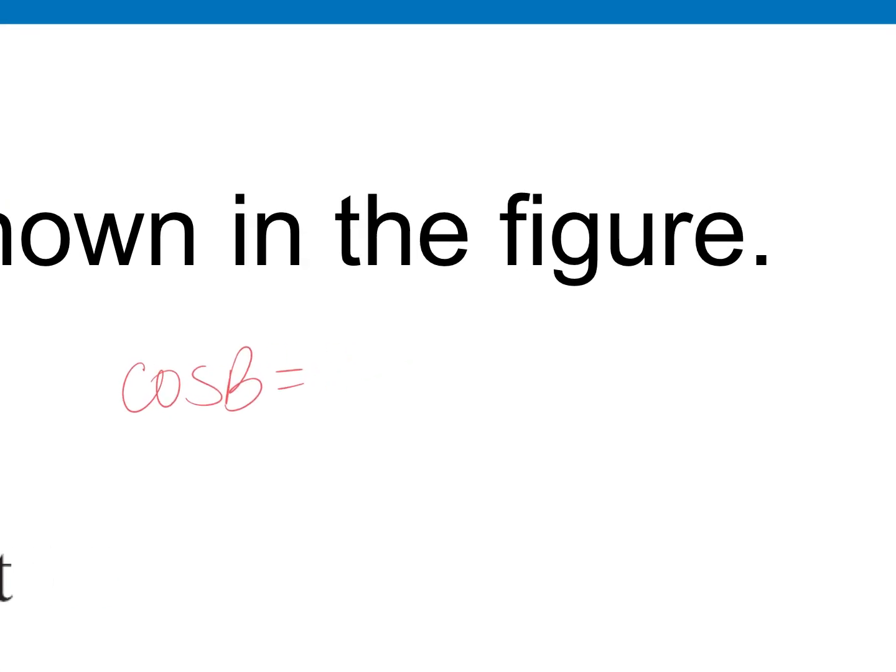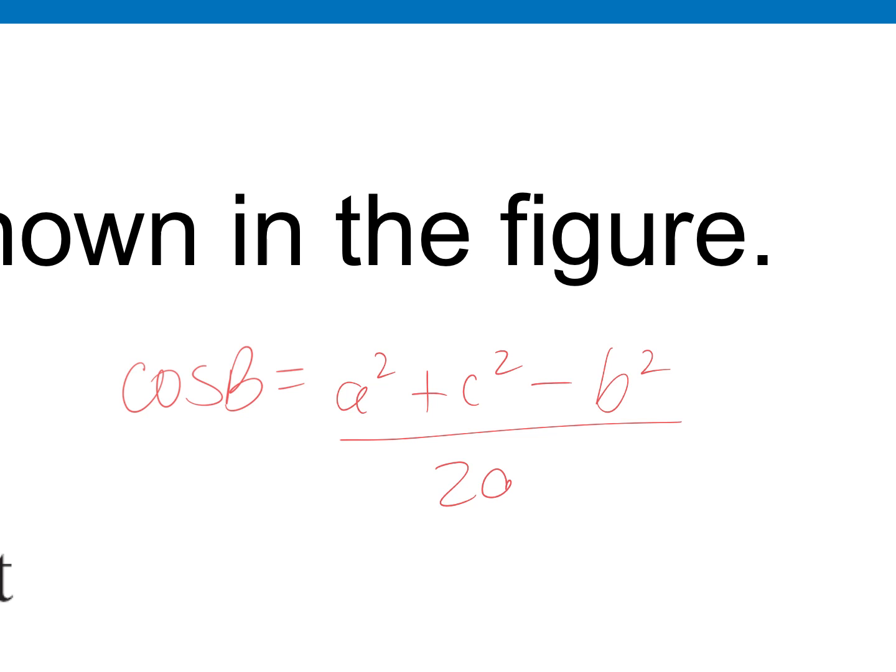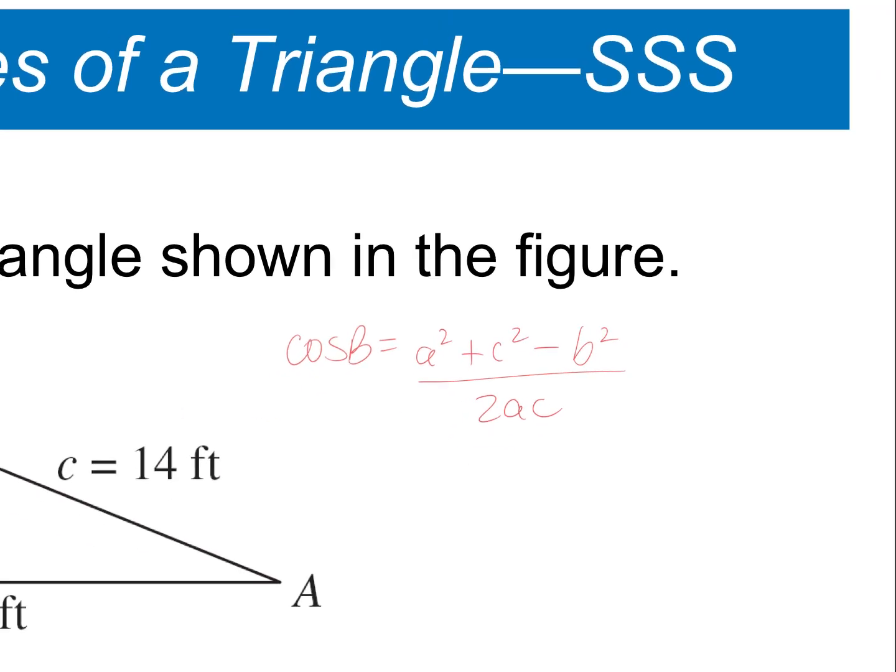Tell me what to write down. Cosine B, thank you, is equal to A squared plus C squared minus B squared, all over 2AC. Don't get hung up, guys, on which is A and which is B.